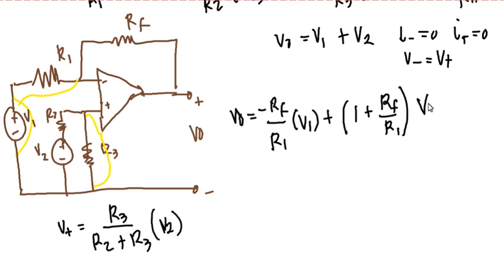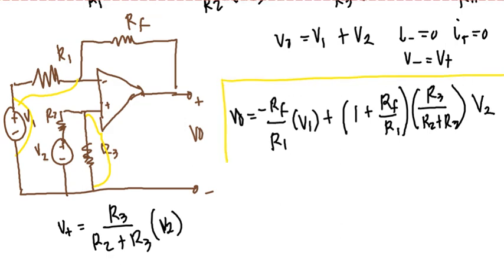So the voltage here is R3 over R2 plus R3 multiplied by V2. This now will be the formula for your difference op-amp.